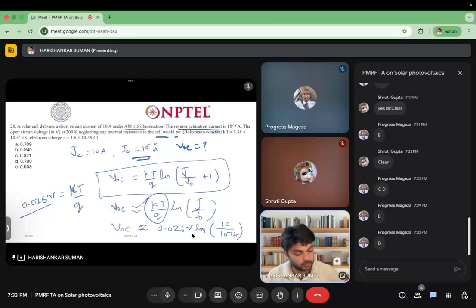D. Please check again. What will be D? You have to take 10 by 10 to the power 12, which is 10 to the power 11. To use ln, this is not a log, this is ln.